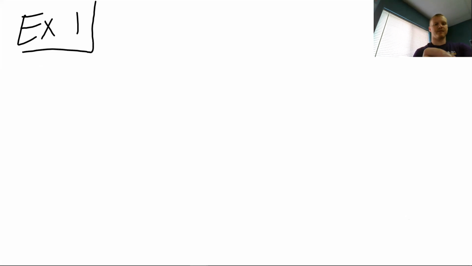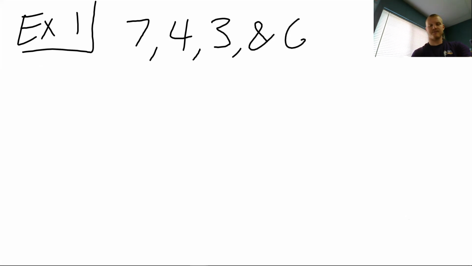Okay, so example 1, what is the sum of 7, 4, 3, and 6? So let's write all those numbers down. So example 1, the sum of 7, 4, 3, and 6. And I want to know what the sum is.